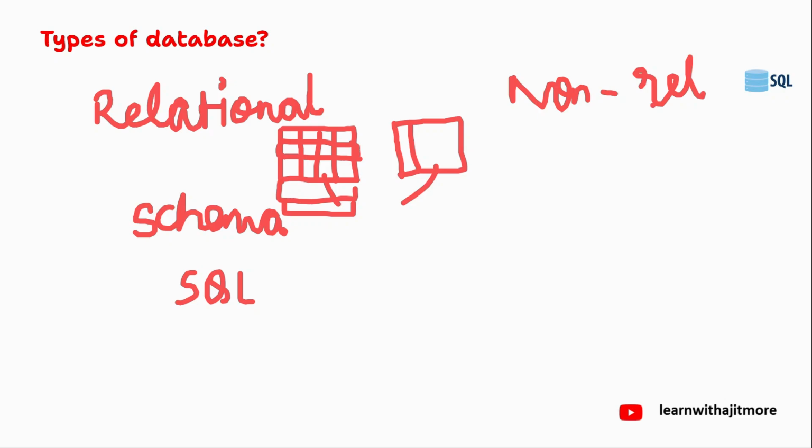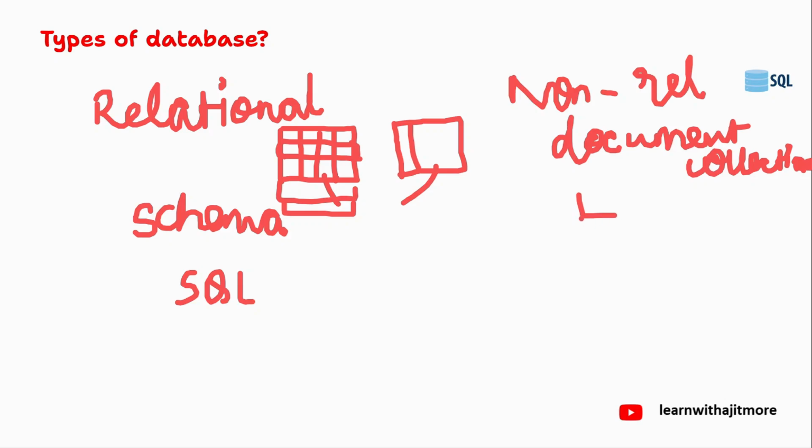Coming to non-relational databases, there is nothing well structured like this. Here, everything is kept as a document collection. In that collection, each one is kept as a document: doc one, doc two, doc three, and so on.